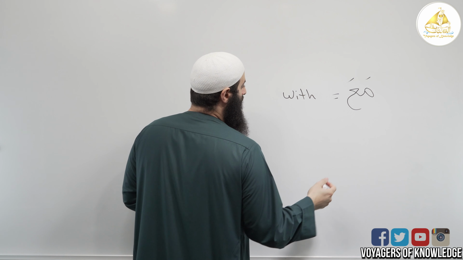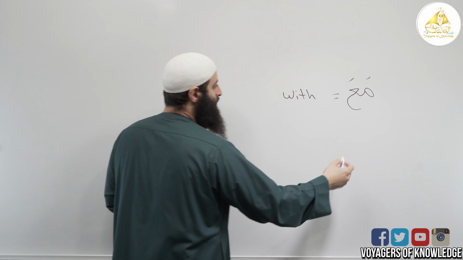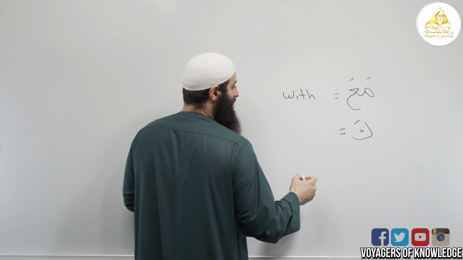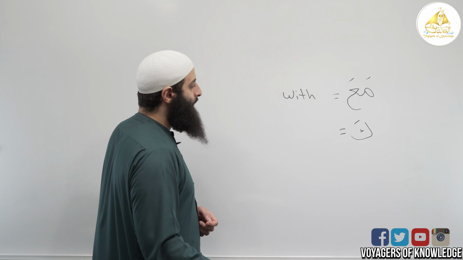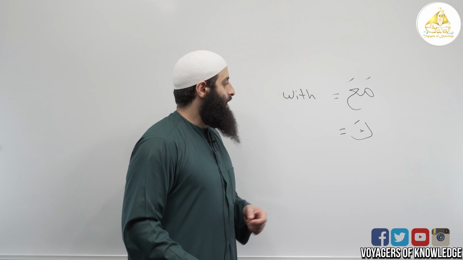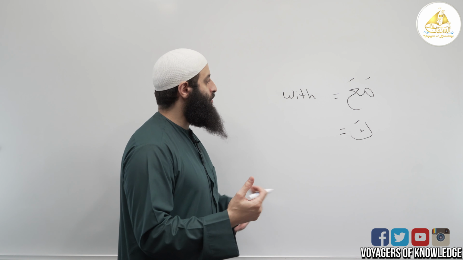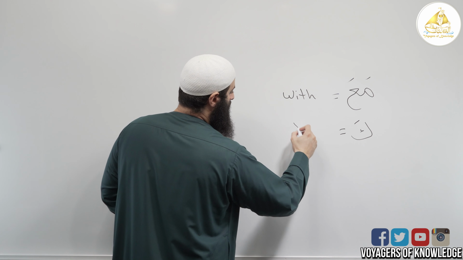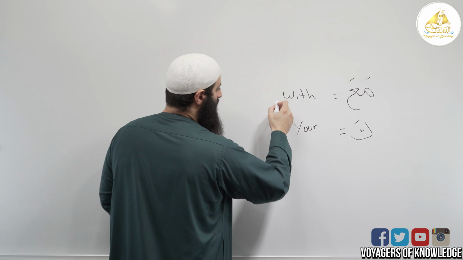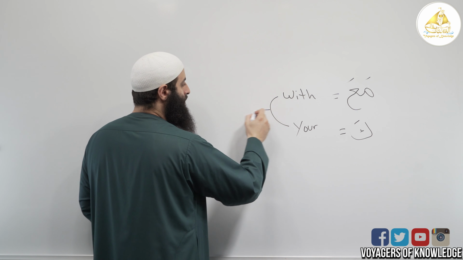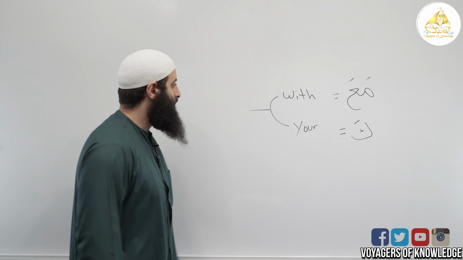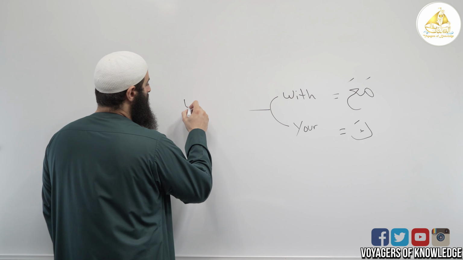Okay, so how do we say with you? Okay, we said adding this ka is going to mean your, like your book, your this, your house. But when you combine these two together, can you say with your? No, you would say with you.